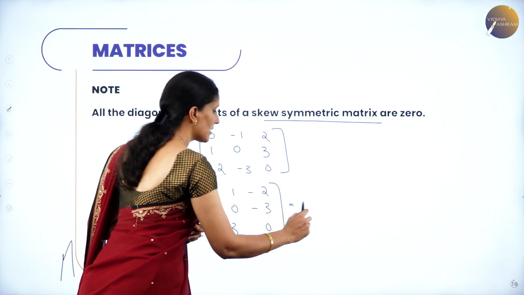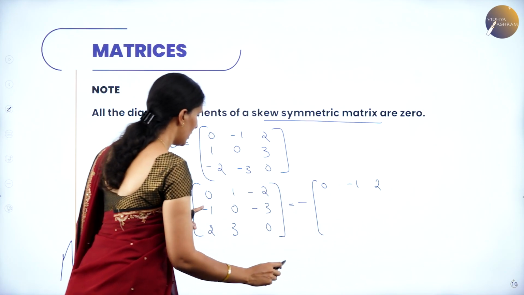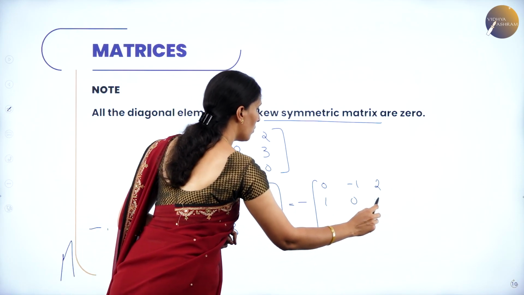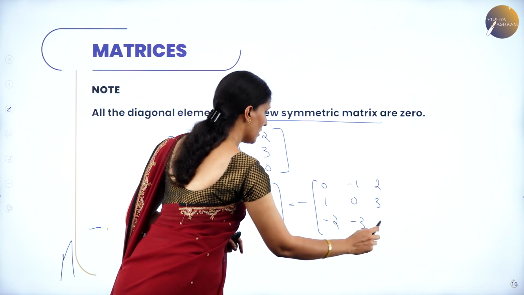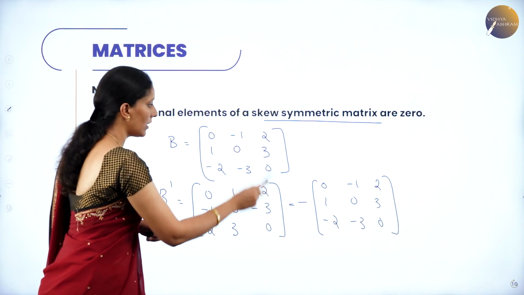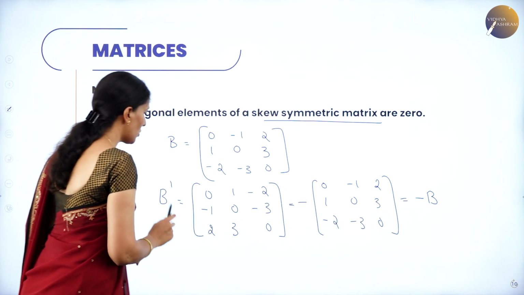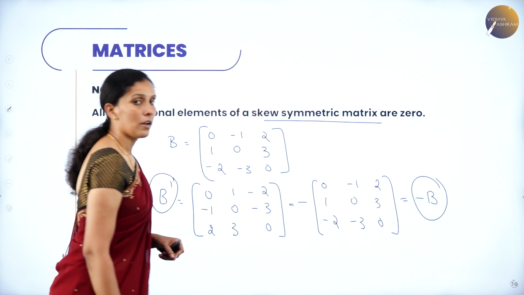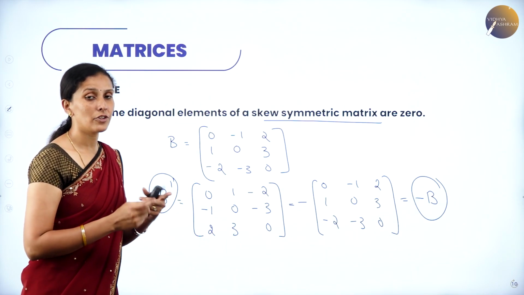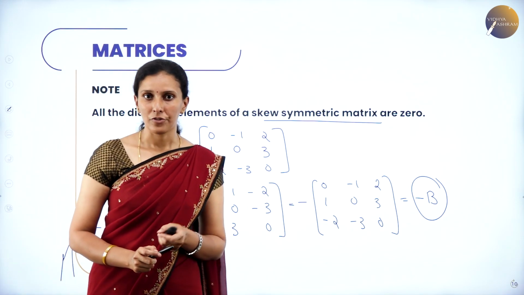If you take minus outside, then it becomes 0, minus 1, 2, and here it is 1, 0, 3, and here it is minus 2, minus 3, 0. See here, these are one and the same, and this is equal to minus B. So whenever the transpose of a matrix is equal to minus of that matrix, that is negative of a matrix, then it is called a skew symmetric matrix.